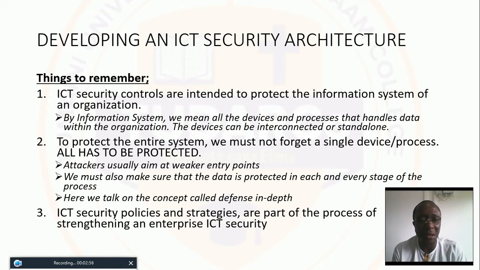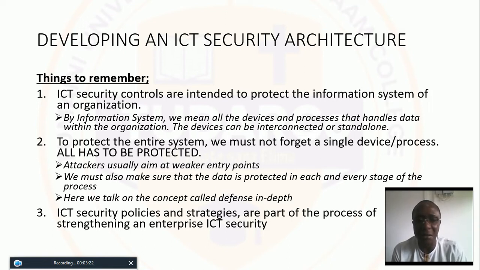Information systems comprise hardware, software, people, procedures. Even the ICT security policy we have discussed in the previous discussion is part of it. Now you have to make sure that the entire system is protected.